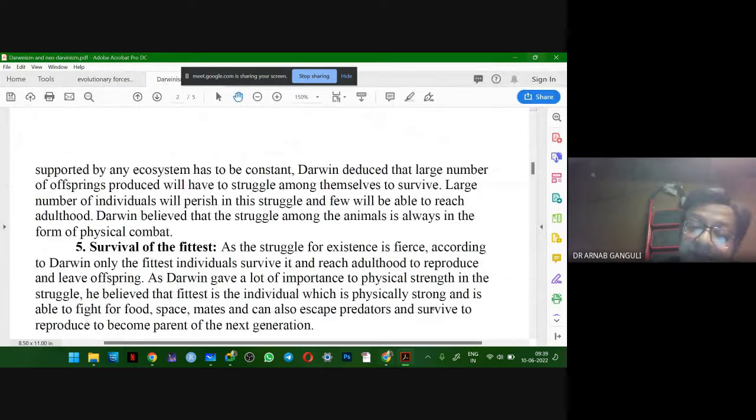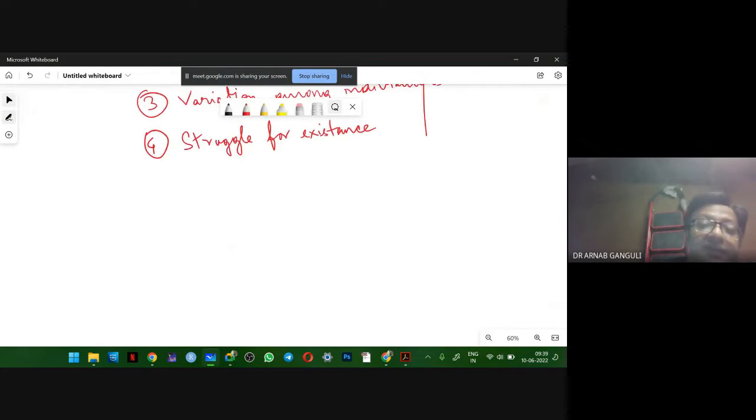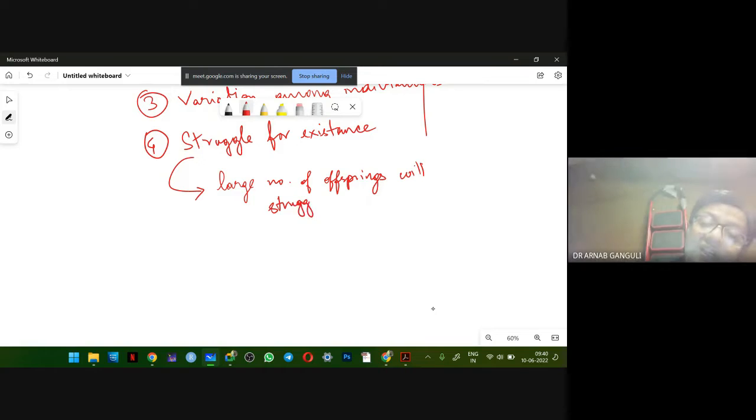So we had seen that in the struggle for existence, a large number of offsprings will struggle for the resources.